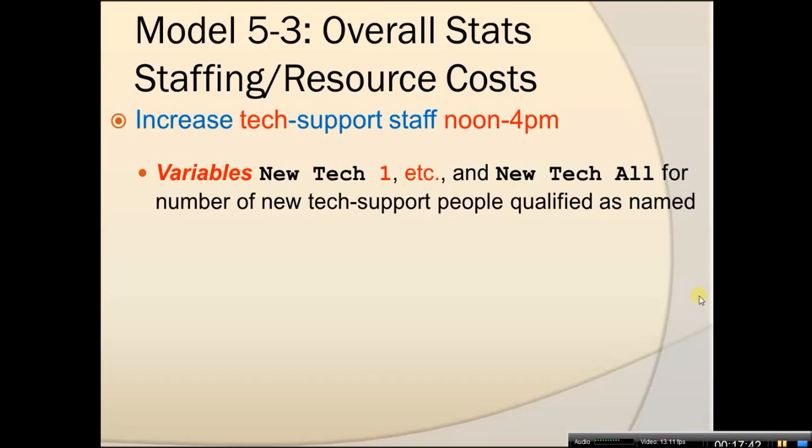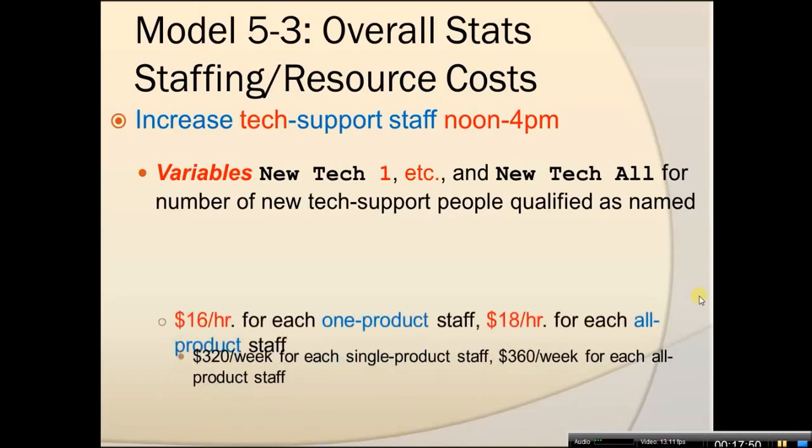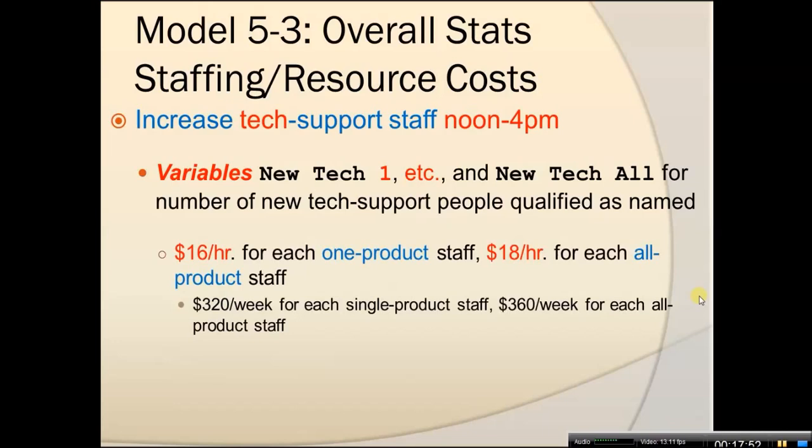And again, these are the numbers of new tech support people that we're going to hire that are qualified similarly to how they're named. And so the assumption is that the costing is going to be $16 per hour for each 1 product staff person and $18 per hour for each all product tech staff person.